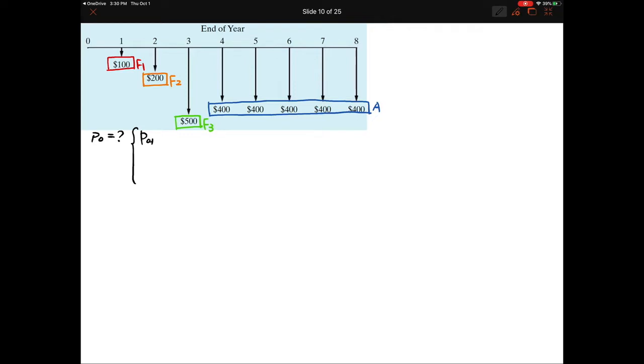So same thing. You want to just write it down. So P01. The first part is from the 100. Okay?